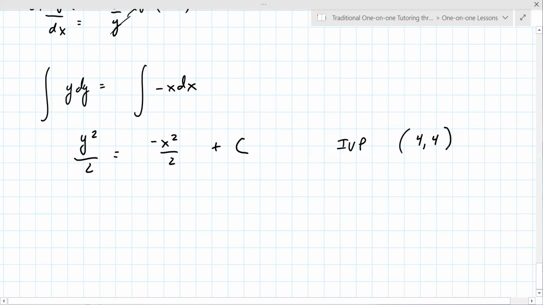Okay, so 4 squared over 2, negative 4 squared over 2, let's see. So it's 16 over 2, so 8. 16 over 2, 8. So C equals 0. You're adding 8 to both sides. Because you square before you negate.